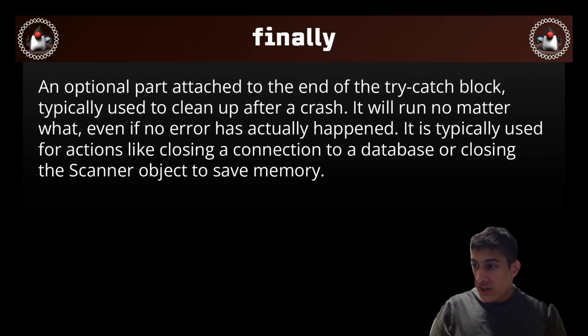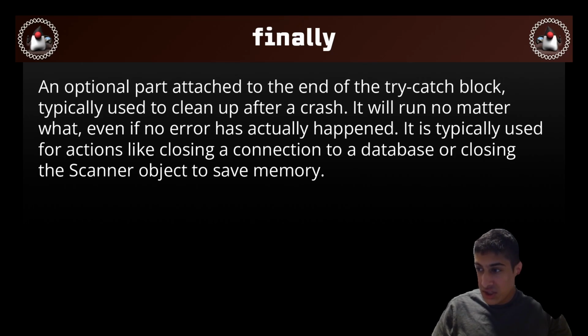So now we're ready to learn about the final concept of today's video, the finally block. This is an optional part of the try catch block from earlier, which will run no matter what has happened, whether a crash has occurred, an error or exception has occurred, or if it didn't occur.